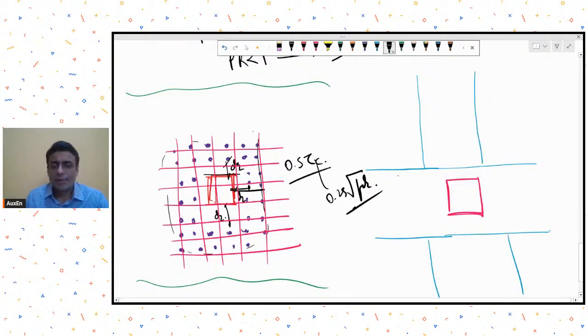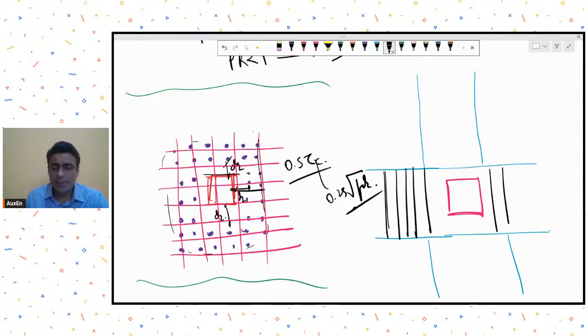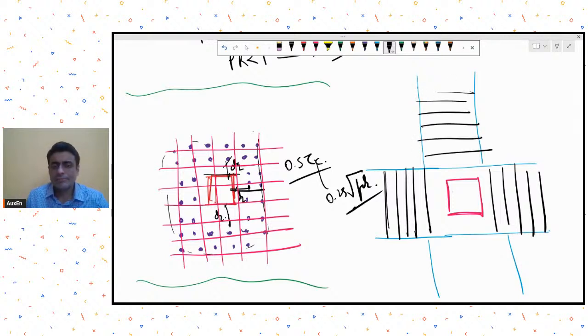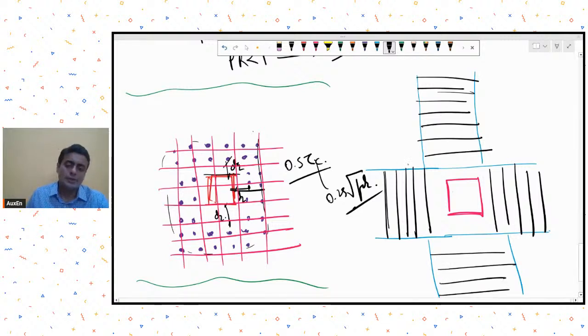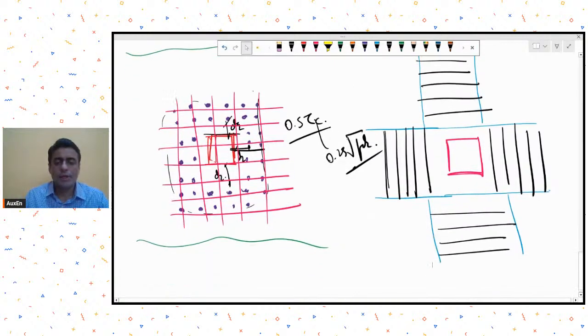It will have these stirrups, the black stirrups that I'm drawing in plan, and these are going to resist the punching shear stress. Understood?